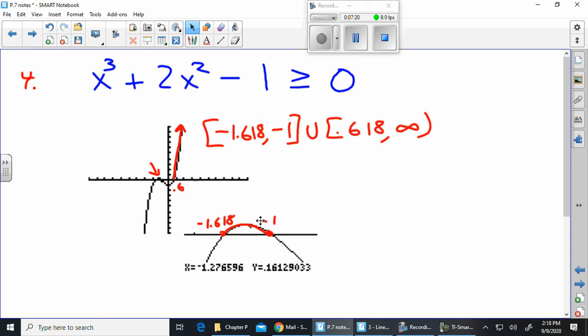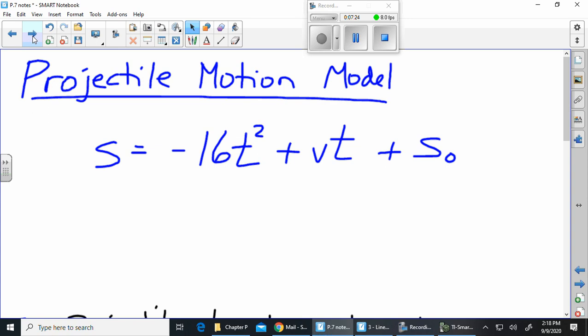So that just gives you a few more examples. Last thing that we're going to use our calculator for, again, if you're using Desmos, it probably works the same way. Projectile motion model, quadratic, -16t squared plus vt plus s0. You also saw this in Algebra 2, height at a given time.